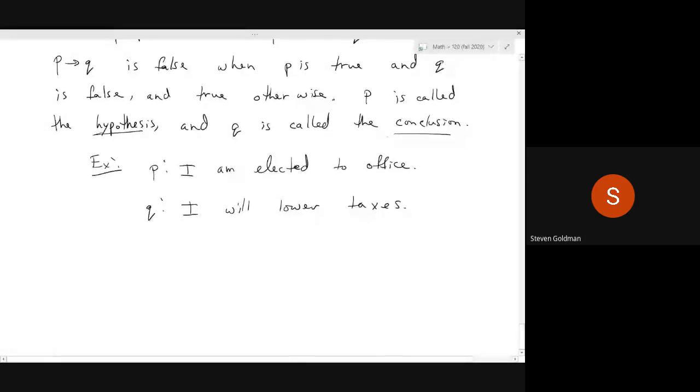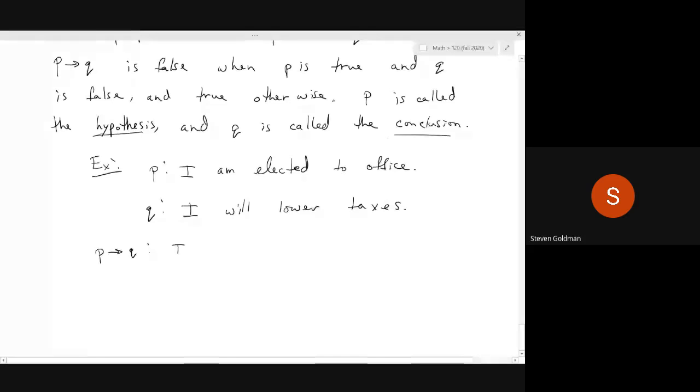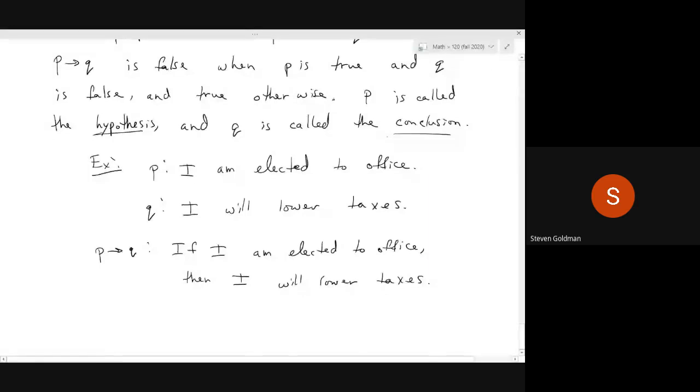Okay, so we have here two propositions. If P then Q would then be the conditional statement, if I am elected to office, then I will lower taxes. Okay, so here the hypothesis is the sentence, I am elected to office. The conclusion is the sentence, I will lower taxes. Whatever comes after the word if is the hypothesis. Whatever comes after the word then is the conclusion.